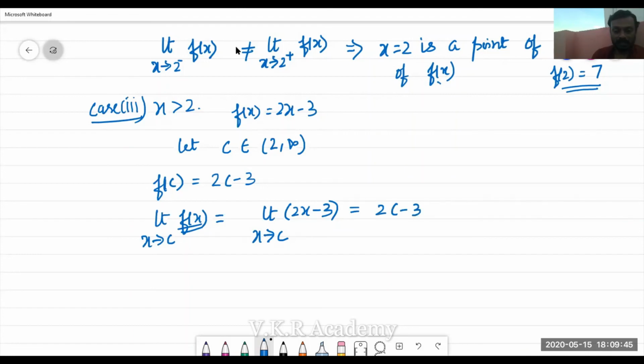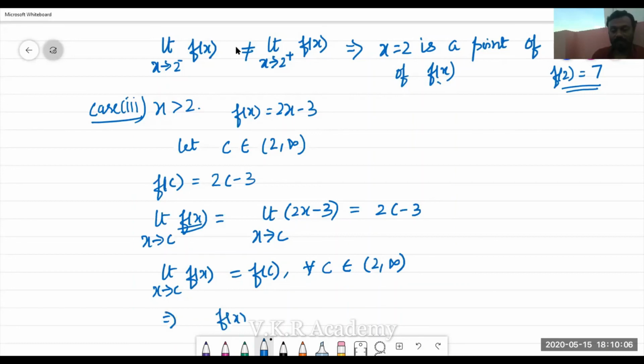So we see limit x tends to c of f of x exists and is equal to the value of the function at c. This is true for all c in the interval 2 to infinity. So this implies f of x is continuous for x greater than 2.